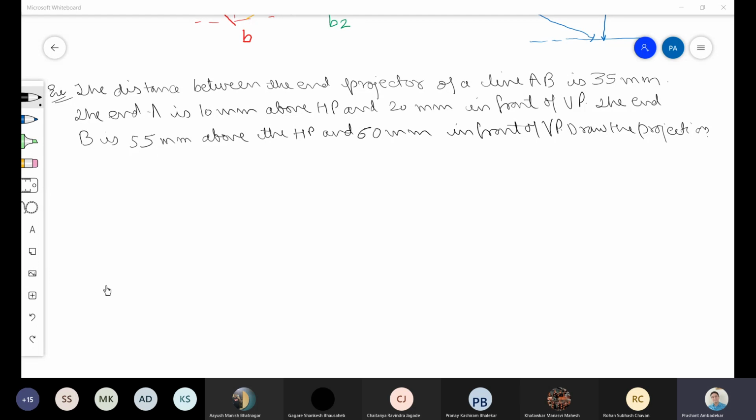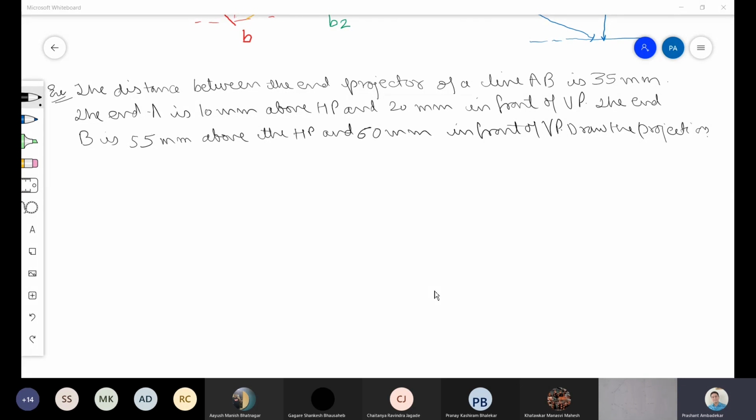Yes, sir, I'm there. Show me what you have drawn. Can you see it, sir? Yes, it is visible. Move it a little farther so I can see the complete figure. Okay, you have neatly drawn.